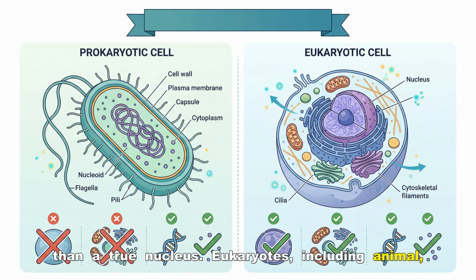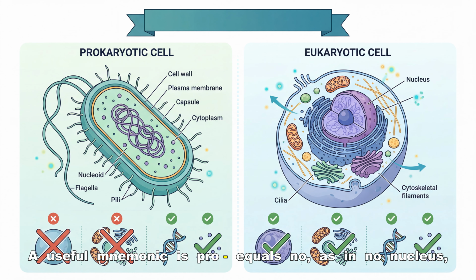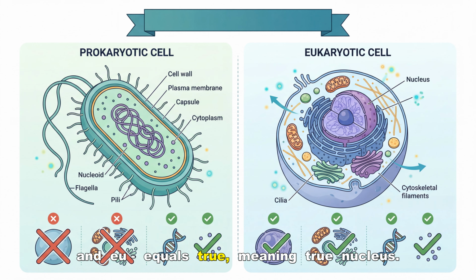Eukaryotes, including animal, plant, fungi, and protist cells, are larger and compartmentalized with organelles like the nucleus, mitochondria, and endoplasmic reticulum. A useful mnemonic is pro equals no, as in no nucleus, and EU equals true, meaning true nucleus.